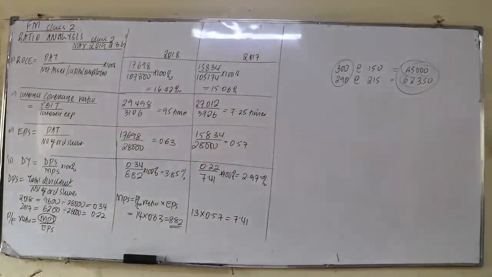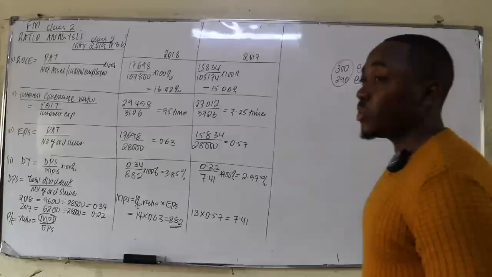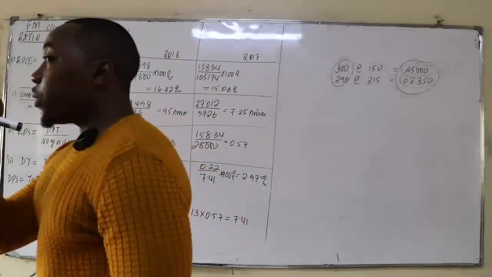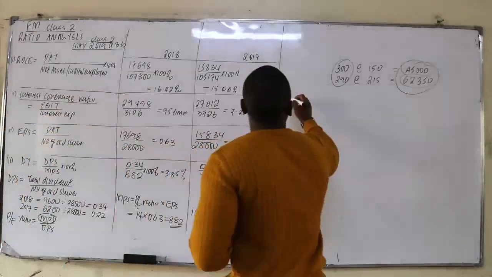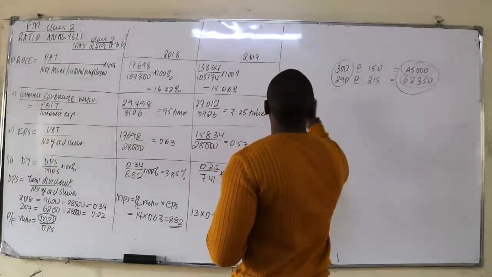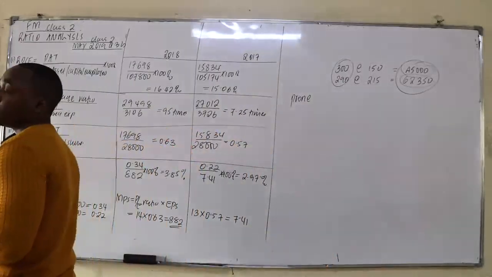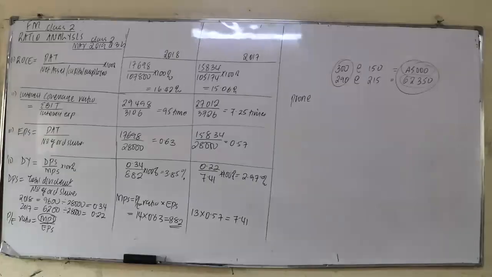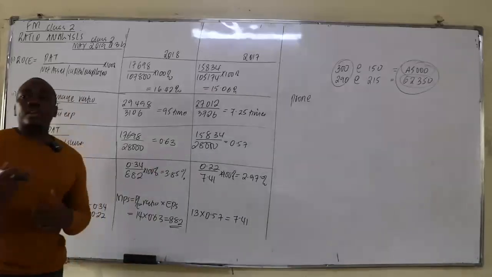Another one, ratios use accounting information, which is prone to manipulation. Sometimes the management is the one responsible for that, because they want to attract investors.